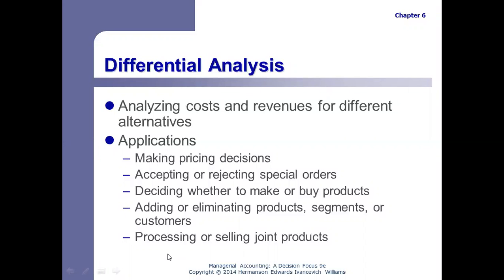That's the case where you have a single process up until a certain point, and then after that point, several products come out of that process. We'll explain all of these different applications or types of decisions individually.